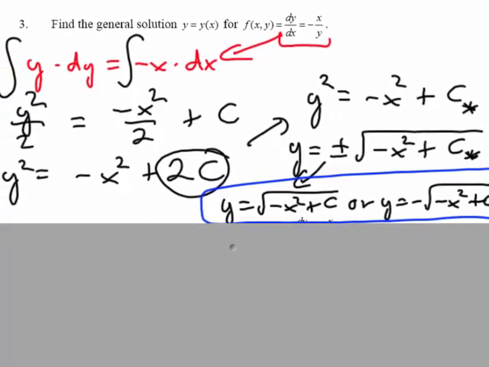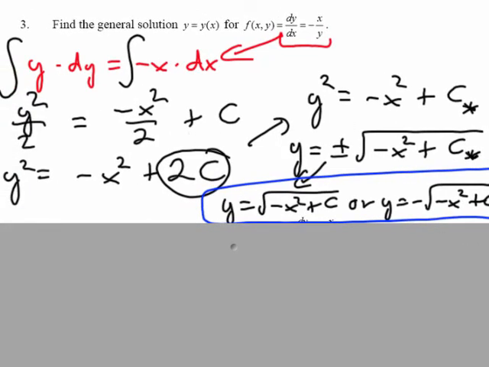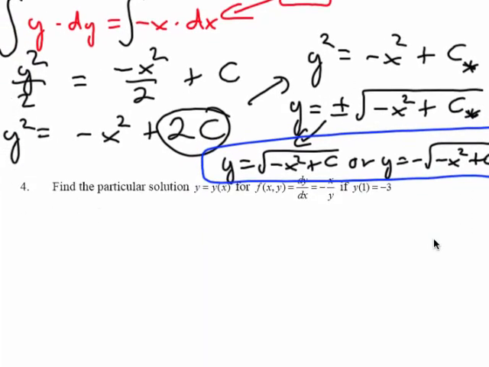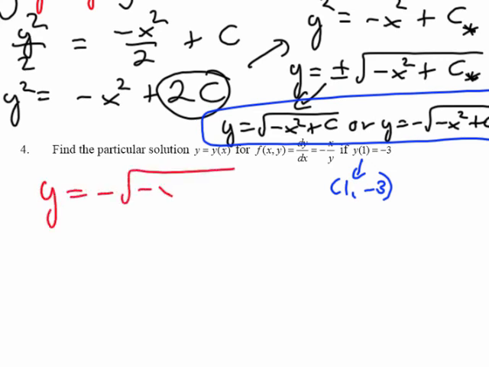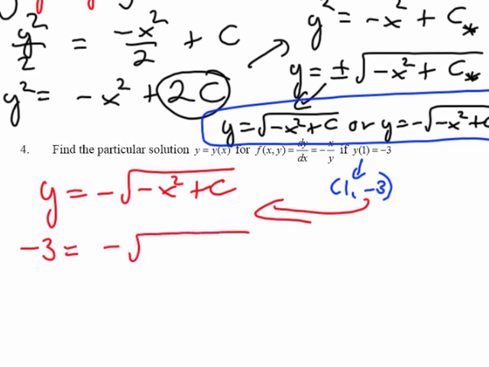If I have a particular initial value to relate this to, as I do here, if x was equal to 1 and y was equal to negative 3, I would see that since my y values are coming out negative, the branch that I need to use here is the negative square root branch. So this is my general solution for this situation. Let's apply the point to find the particular solution. X is 1, y is negative 3.